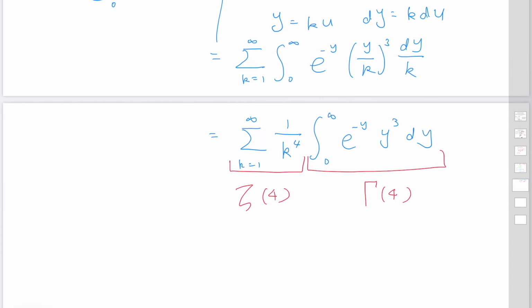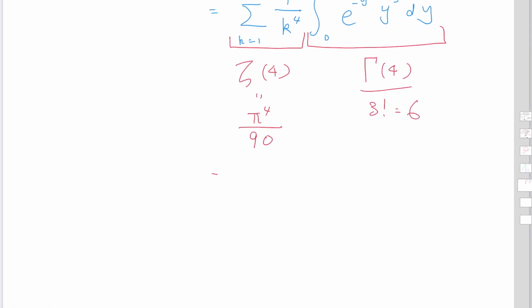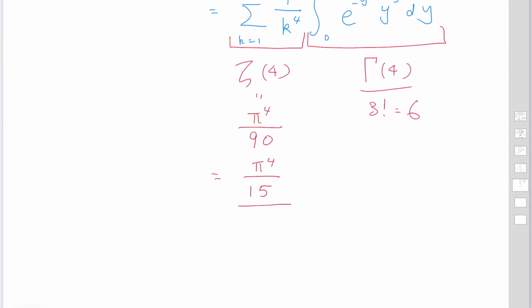As I explained, Riemann zeta 4 equals pi to the 4th over 90. And gamma 4 is the factorial of 3, so this is 6. So the answer is that this integral becomes pi to the 4th over 15. So we have this integral.